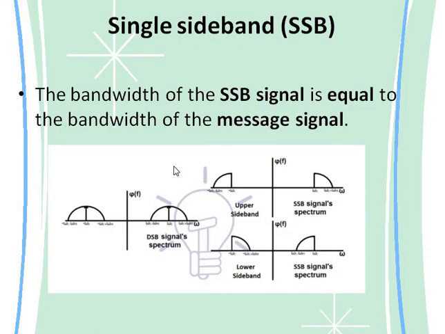So the next is single sideband suppressed carrier. In the single sideband suppressed carrier, we will use only one sideband. We don't use both sidebands, because it consumes more power. So we will use it for low power applications only.